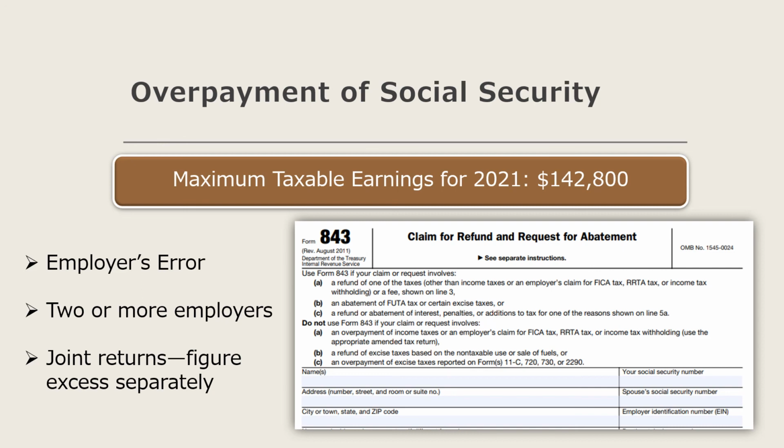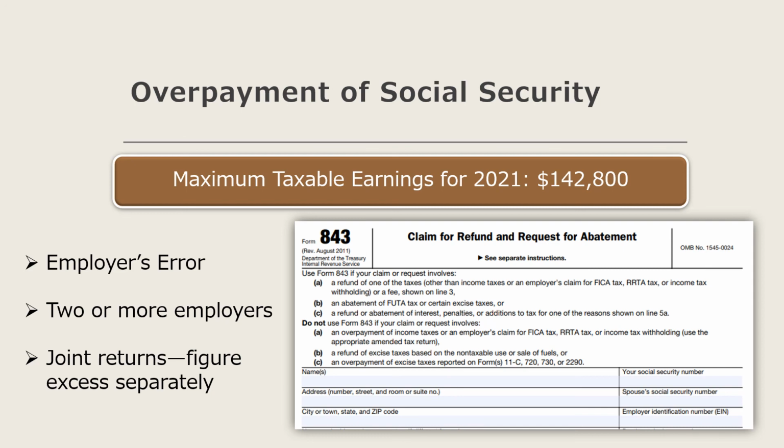I don't imagine we'll see a lot of this, but if we have a client who has had 2 employers and their income was more than this, but less than that for each employer, then it's possible that they would have overpaid on their Social Security.